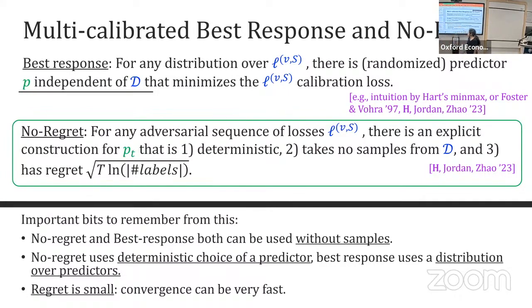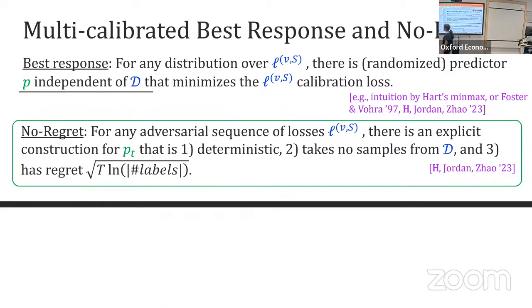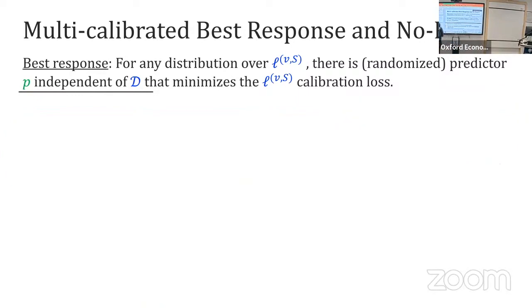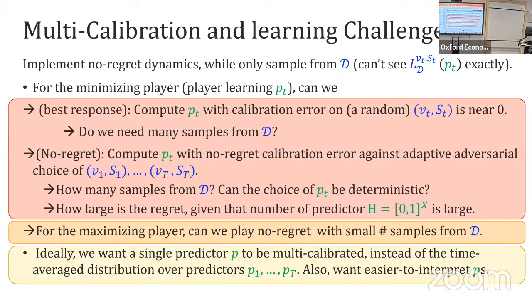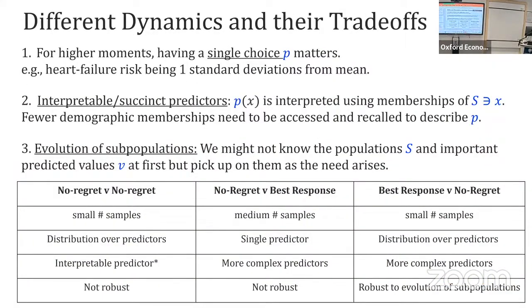If you do this, going back to the previous slide, because I don't want to go over a lot of the dynamics, the reason you can get this single predictor here is that when you have the no regret learner, per time step that guy was choosing only a single predictor. And because the average of these predictors was good, one of them is good. So you can actually identify a single predictor.